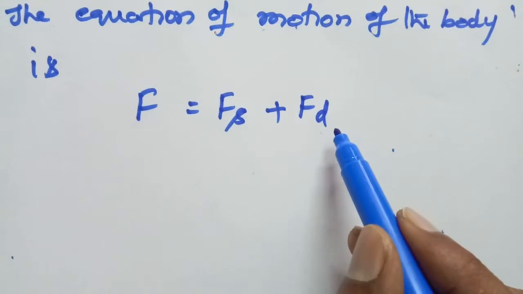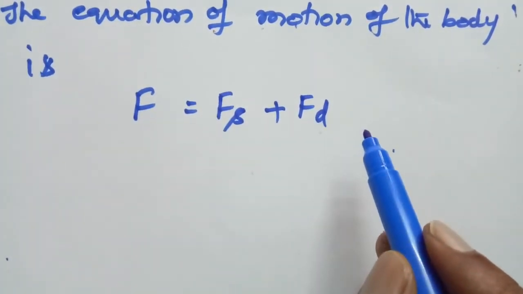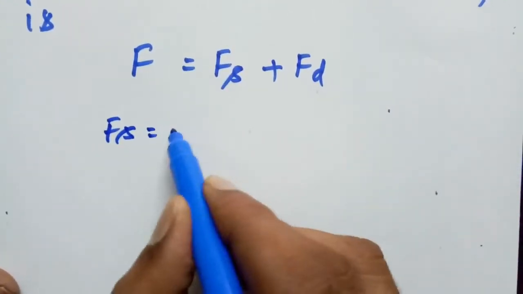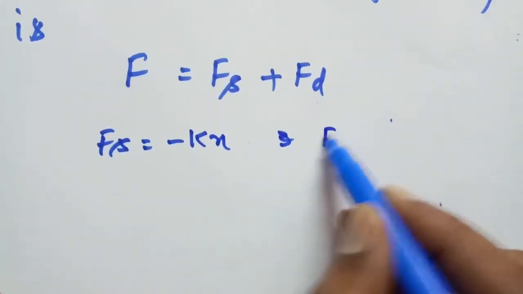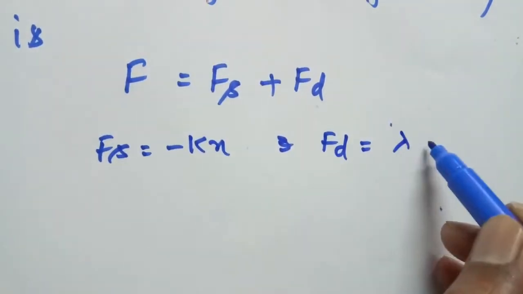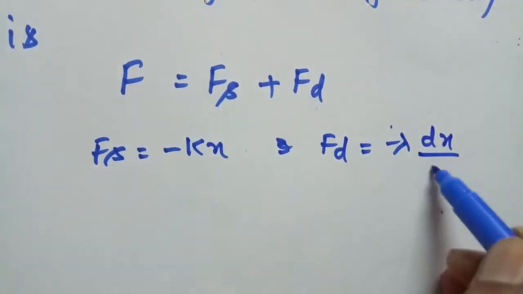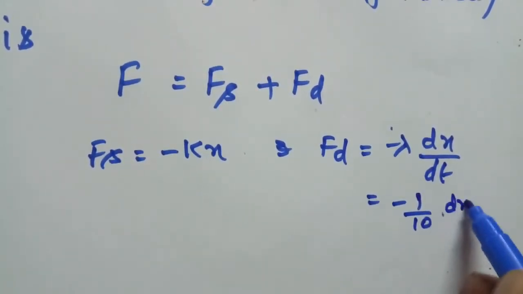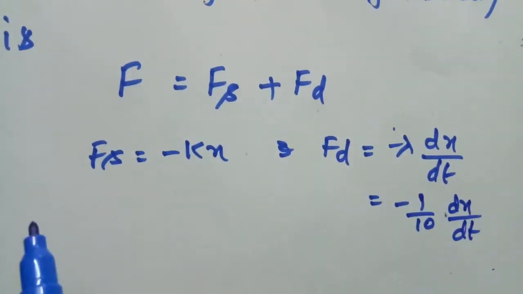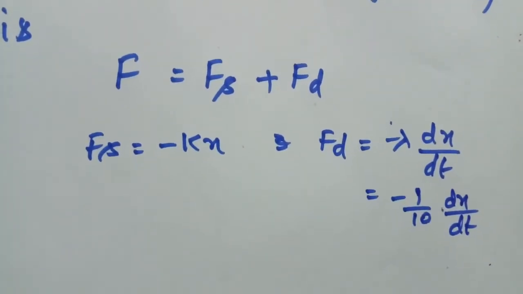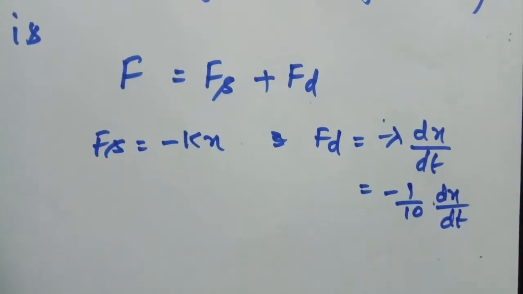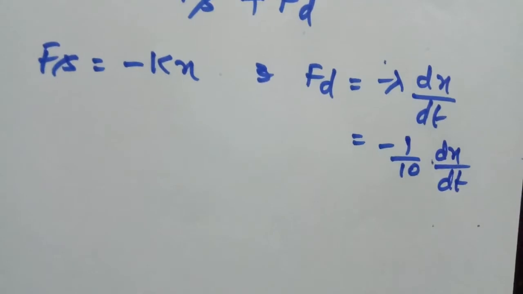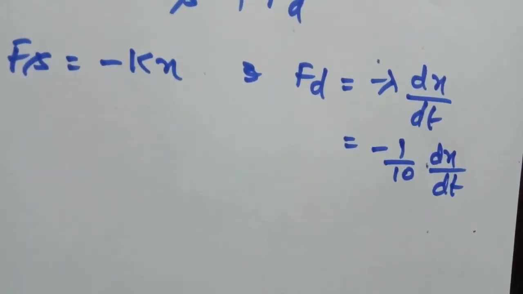F suffix D is equal to lambda into dx by dt. F suffix S is equal to minus kx, and minus indicates this is an upward force. The equation of motion in damped oscillations we already proved, so we directly use that equation here.